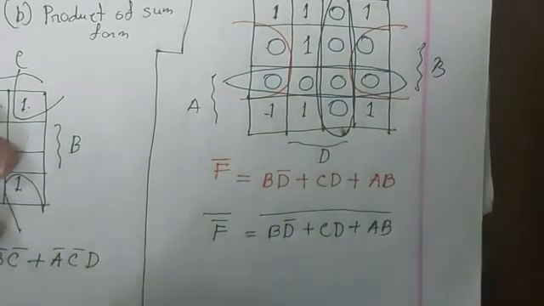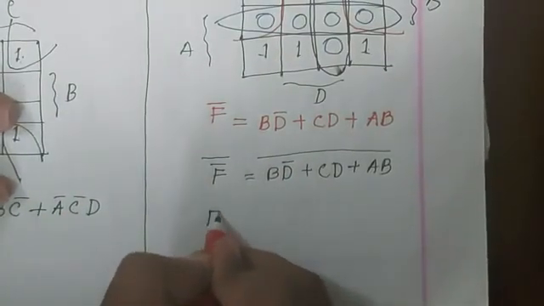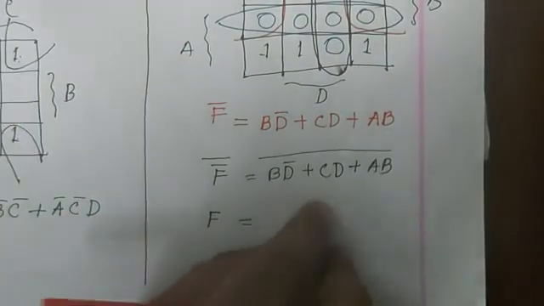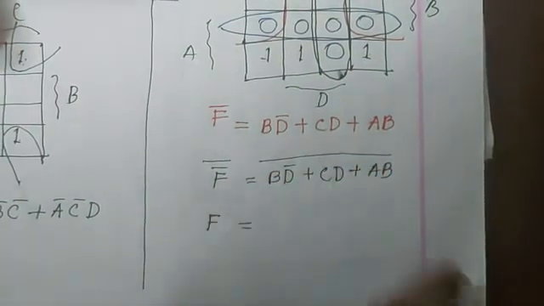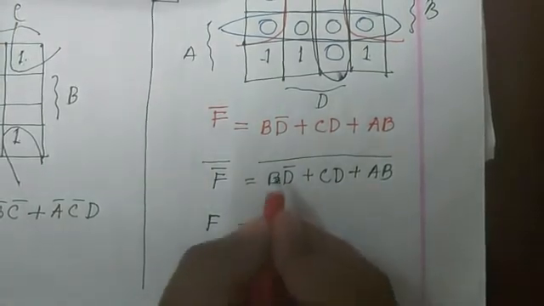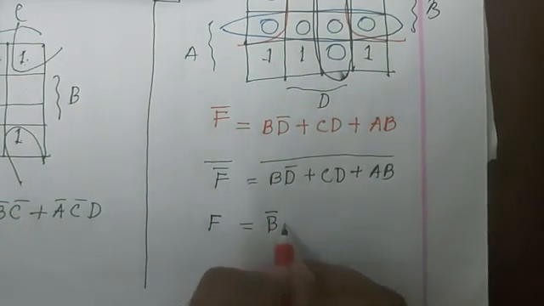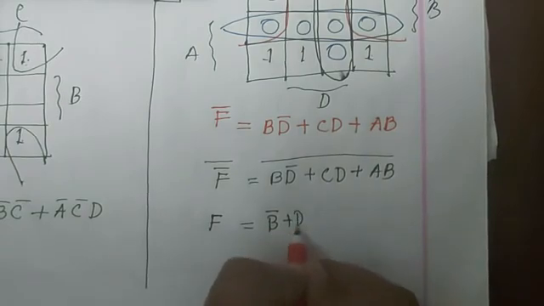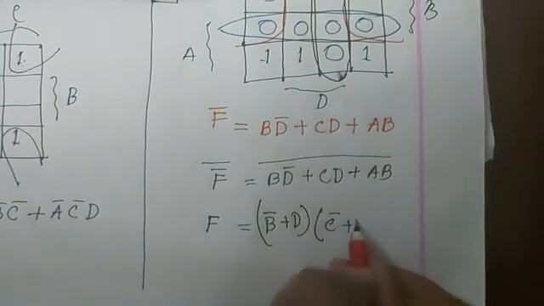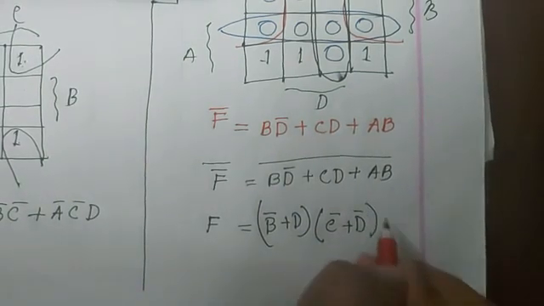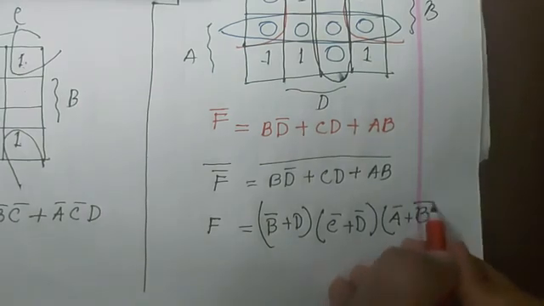Using De Morgan's law, we get f equals (B prime plus D) times (C prime plus D prime) times (A prime plus B prime).